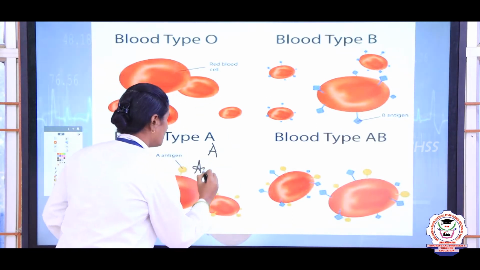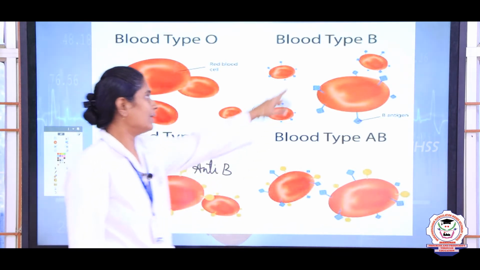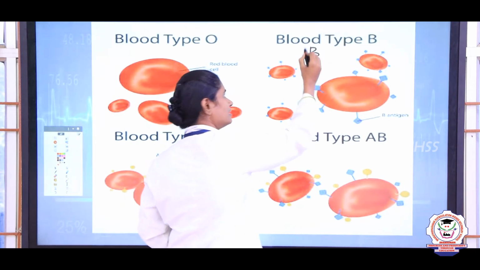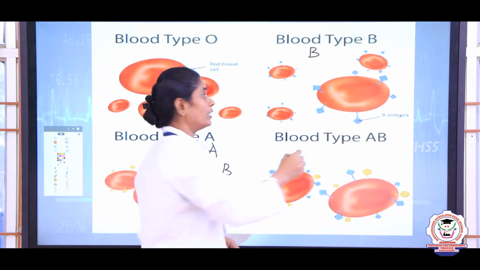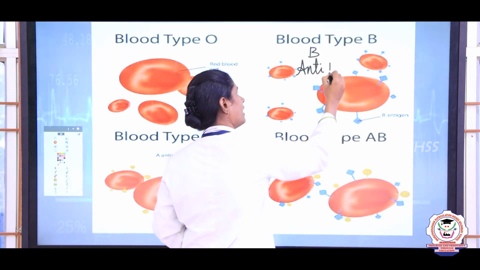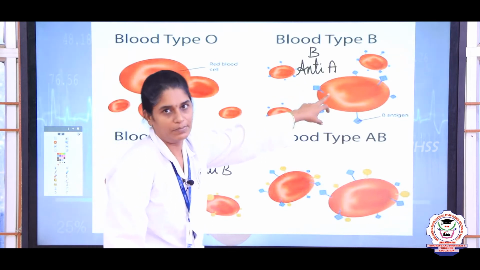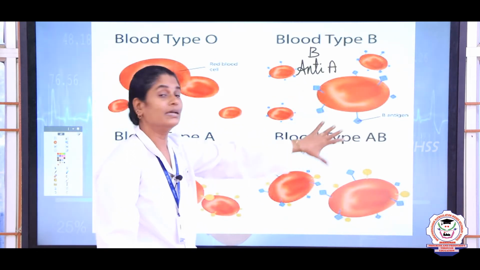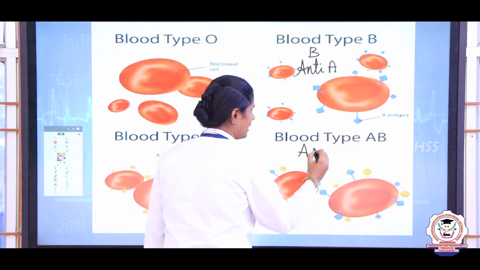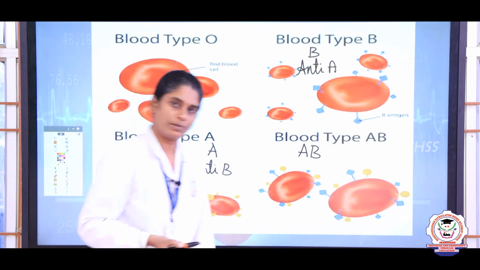In the B blood group, antigen B is present and antibody A is present. In the AB blood group they have both antigen A and antigen B, but no antibodies are present.